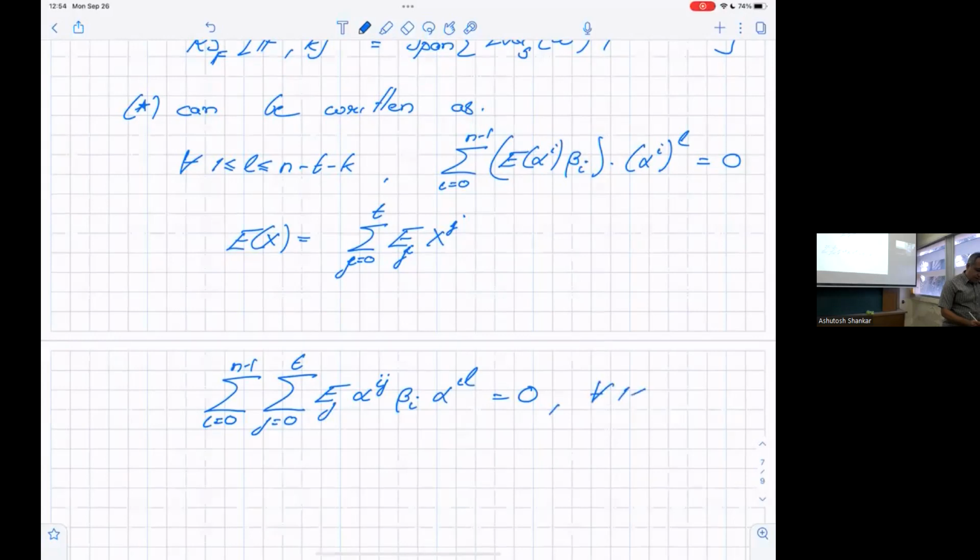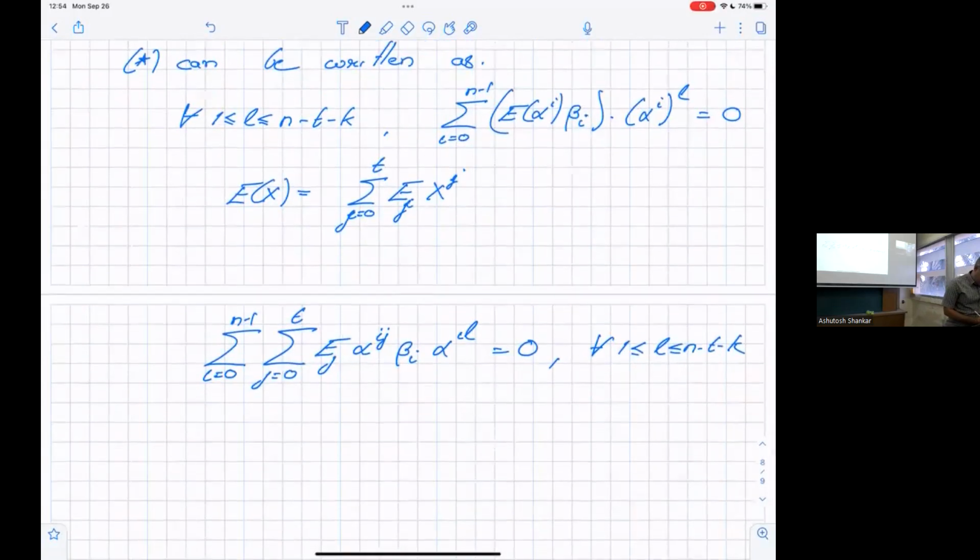For all 1 less than or equal to L less than or equal to n minus k. Let's do some change of summation. Sum over j of e_j times the sum over I from 0 to n minus 1 of beta_i alpha_i^(j plus L).